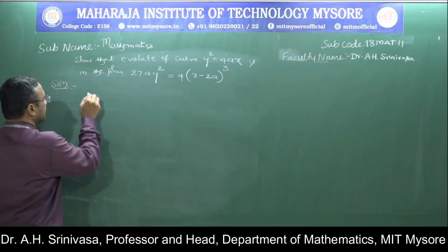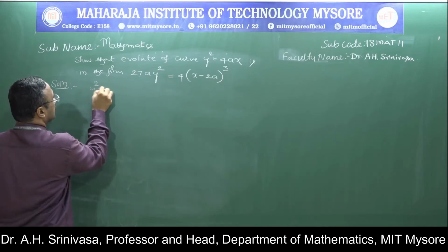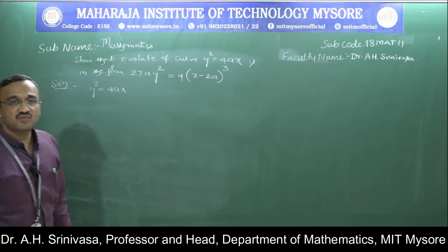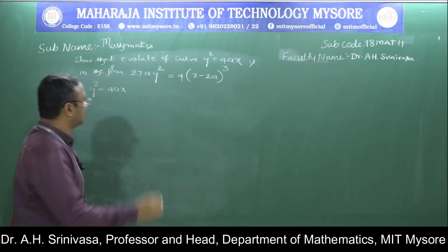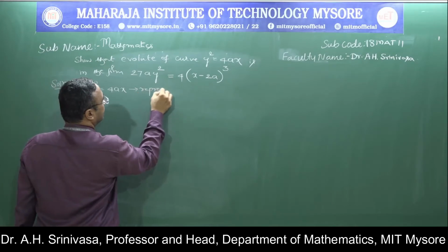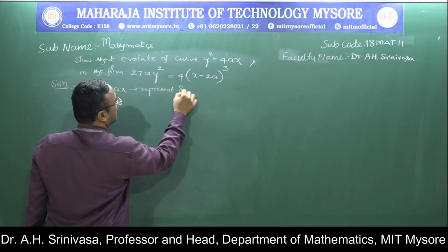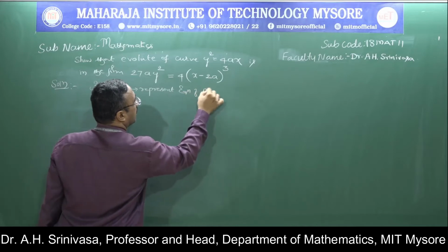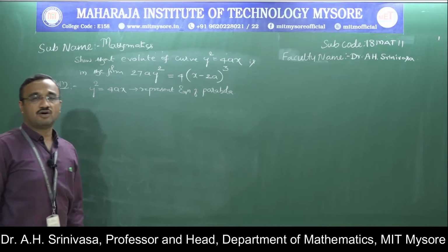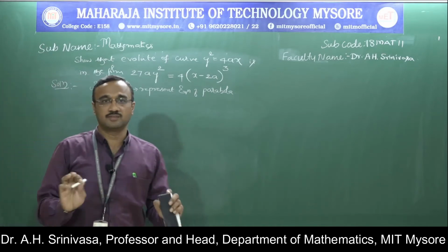So the curve they have given here, y square equal to 4ax, represents the equation of a parabola. What is the parametric form of the parabola? You have to remember it.